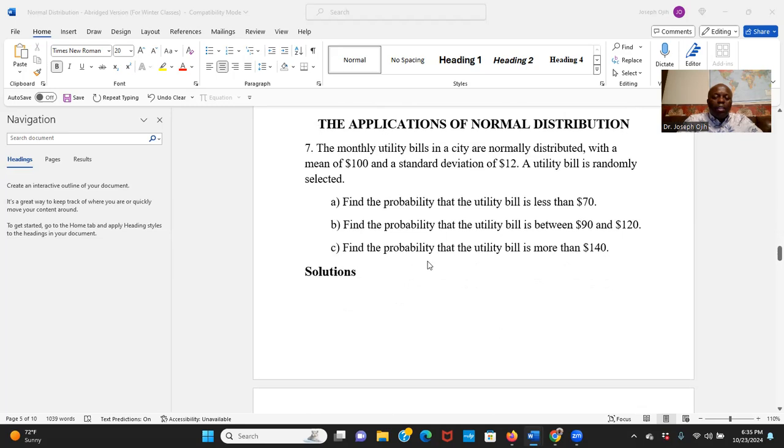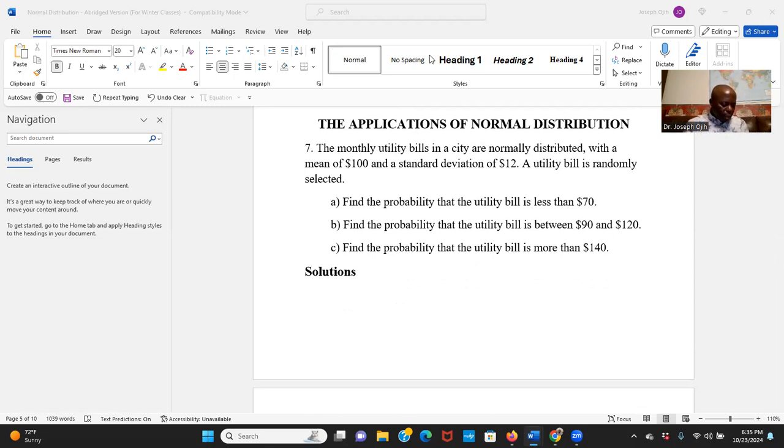The application says the monthly utility bills in a city are normally distributed with a mean of $100 and a standard deviation of $12. A utility bill is randomly selected. A, find the probability that the utility bill is less than $70.